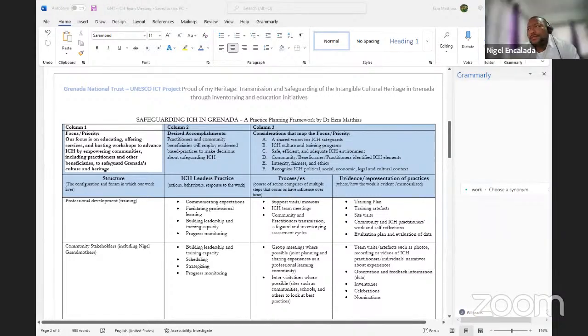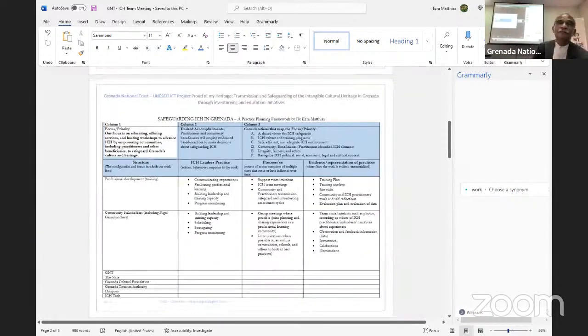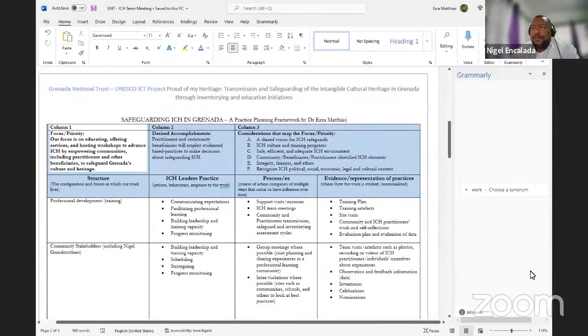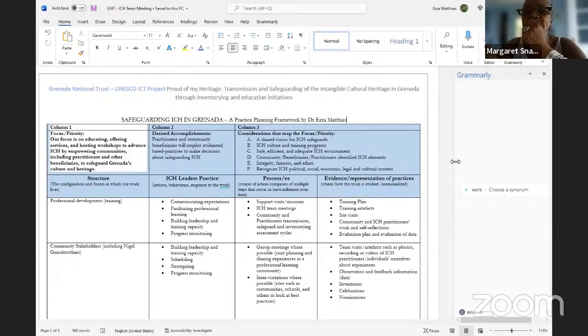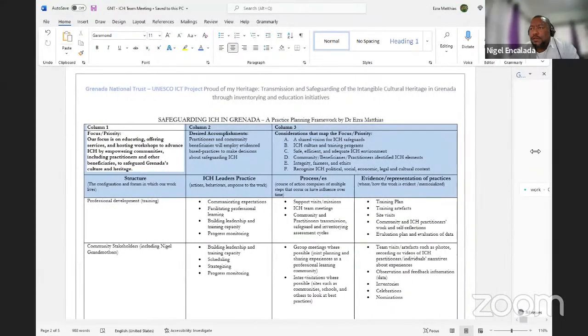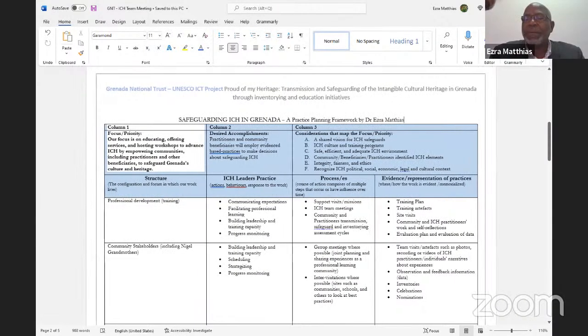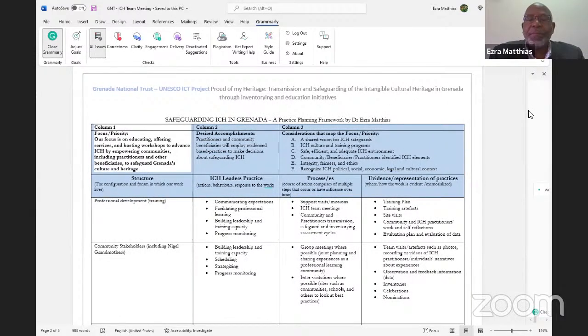There's a little X on the upper right hand corner. If I go to the right, I'm going to lose an edge. Ezra, next to Grammarly, there's an X next to the word Grammarly. You see the word Grammarly? Now the right-hand side's cut off. Yeah, got it. Okay, I closed it. Yeah, you have to move it more to the left.